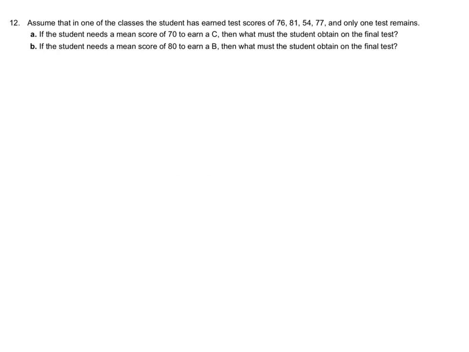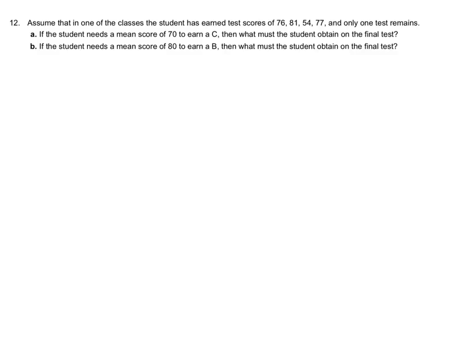Assume that in one of the classes, the student has earned test scores of 76, 81, 54, 77, and only one test remains. Part A. If the student needs a mean score of 70 to earn a C, then what must the student obtain on the final test? We'll use the mean formula to figure this out.